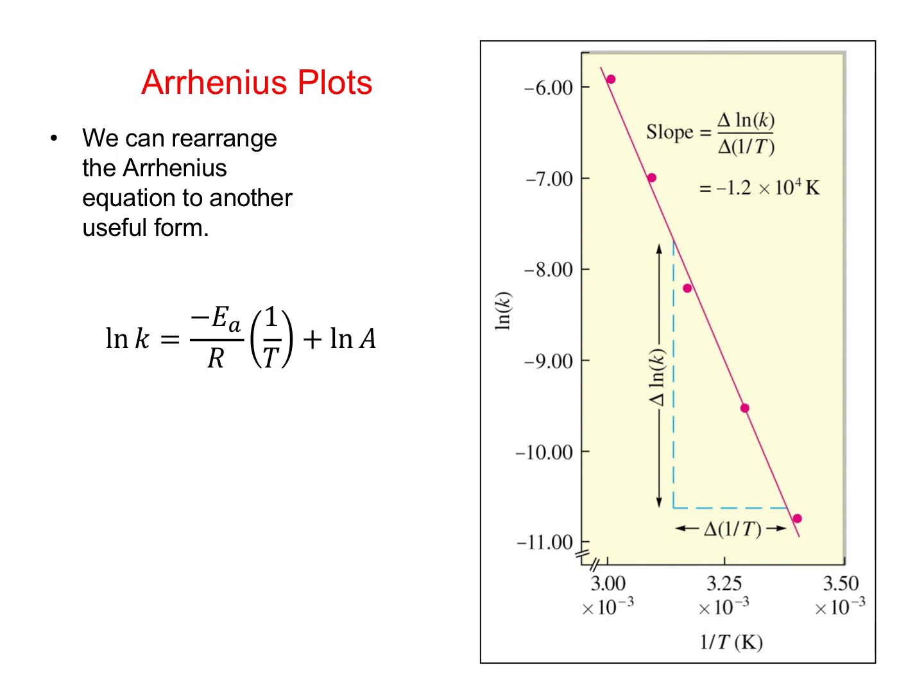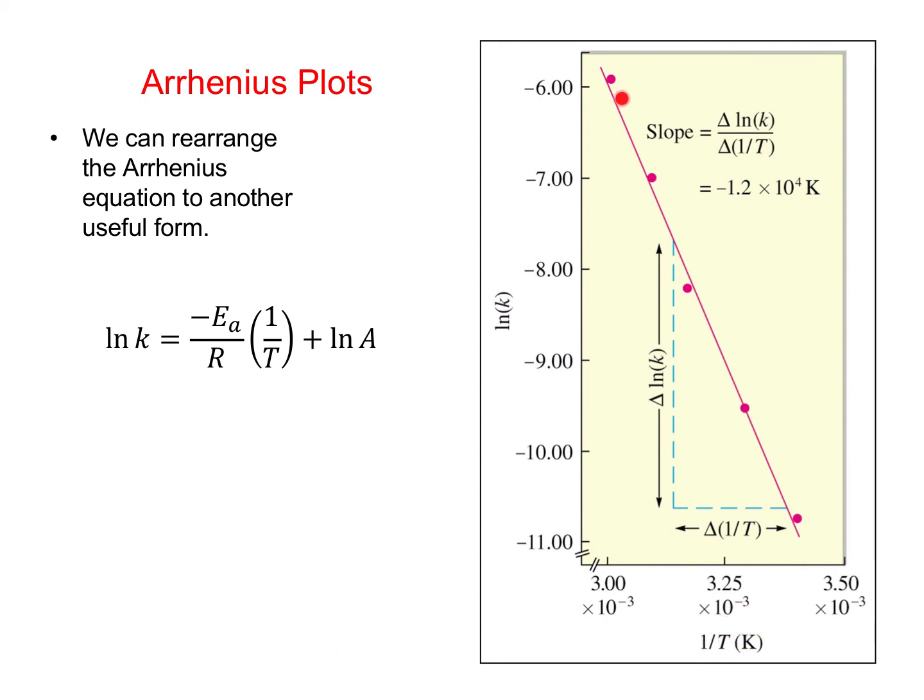All right, and so what we're showing here is basically what I talked about in the last slide. Here is our rearranged form of the Arrhenius equation. An example of one of those plots might look like what is given here. I've plotted on the y-axis the natural log of k. On the x-axis, I've plotted the inverse of the temperature.